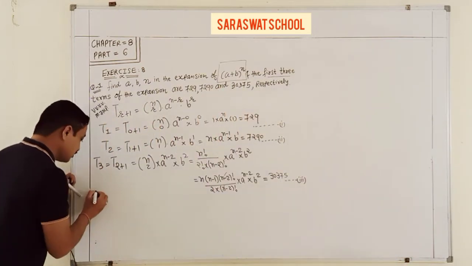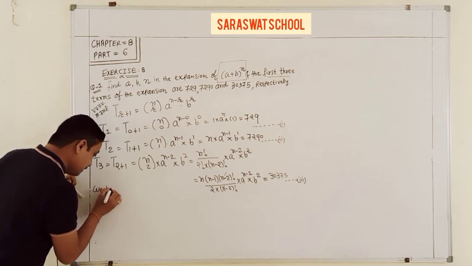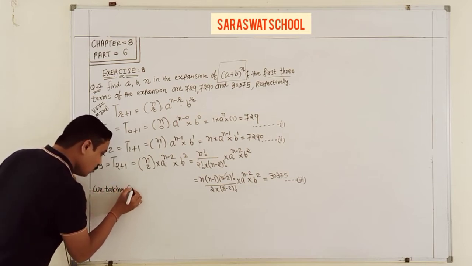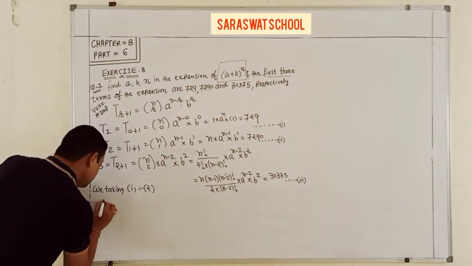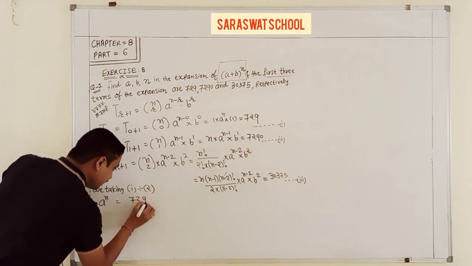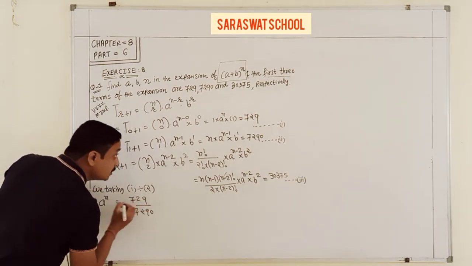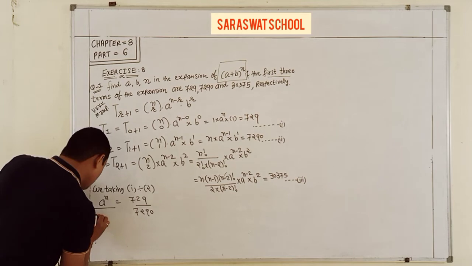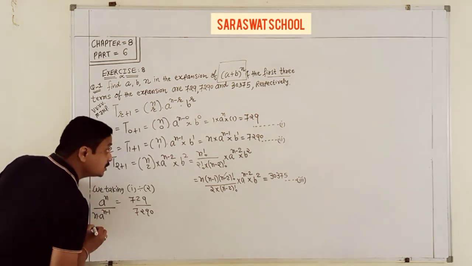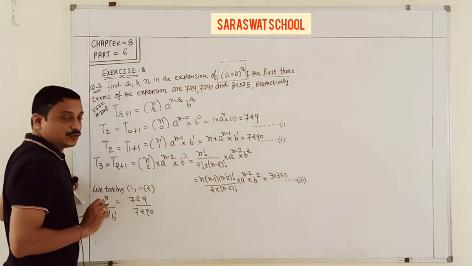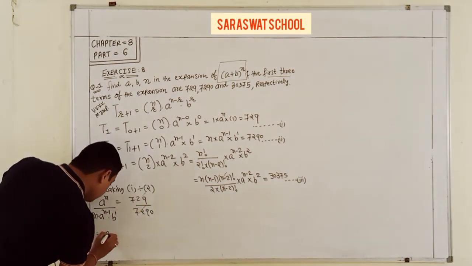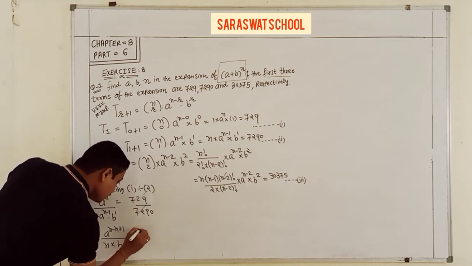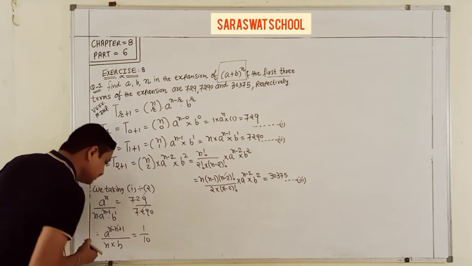So first we take 1 divided by 2: a raised to n is 729, and the second is n into a raised to n minus 1 b raised to 1, which is 7290. This cancels. Here the powers of a match, giving minus n plus 1, so a upon n into b equals 1 by 10, and this also cancels.